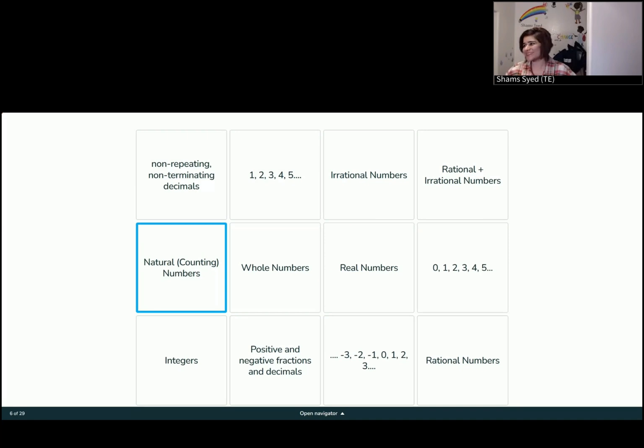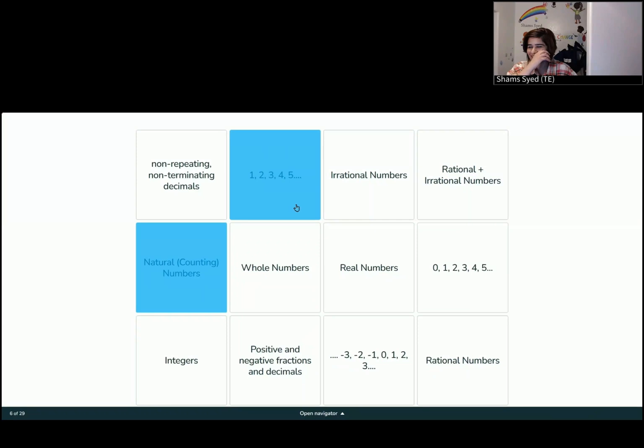Lucio, excellent. 1 and up. These numbers are used for counting: 1, 2, 3, and up. Excellent, very good.